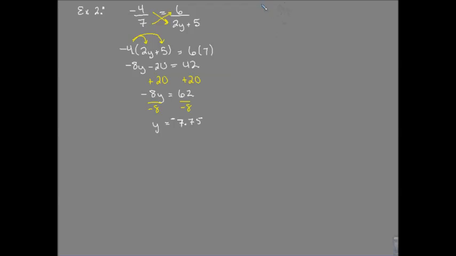You can also have an example where you have variables on both sides. Okay, so I have 7 over z minus 1 is equal to 9 over z plus 4. I have to cross multiply those as well. Then distribute on both sides.